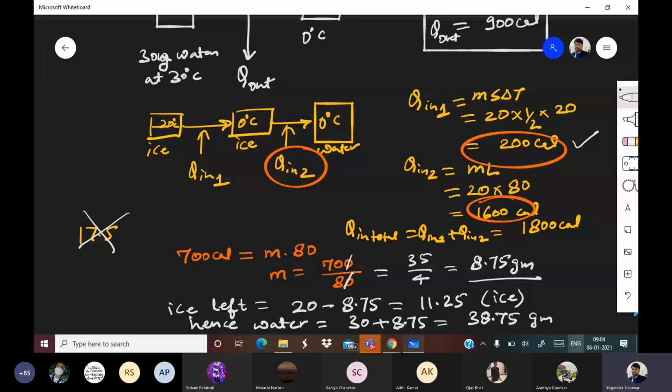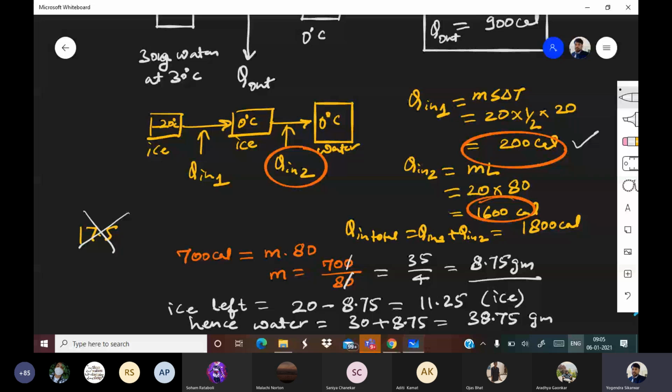Ice and water can coexist only at 0 degrees Celsius. Understood? Good, good. So that's why, as the ice is also there and water is also there, I did not even talk about the final temperature.